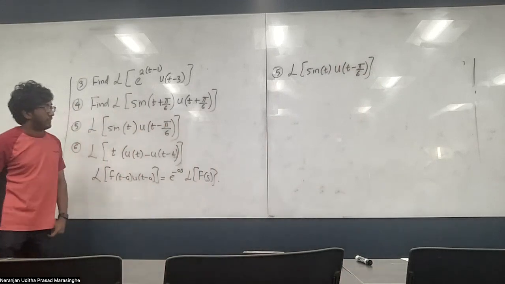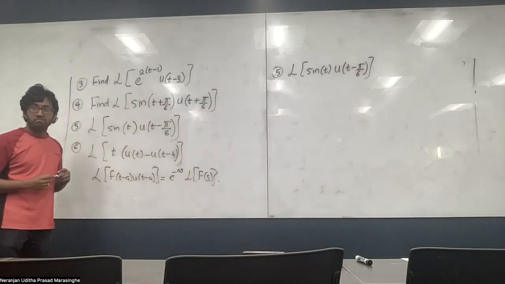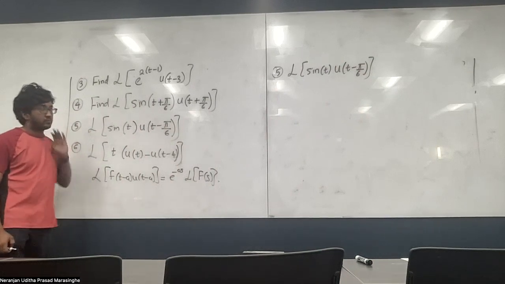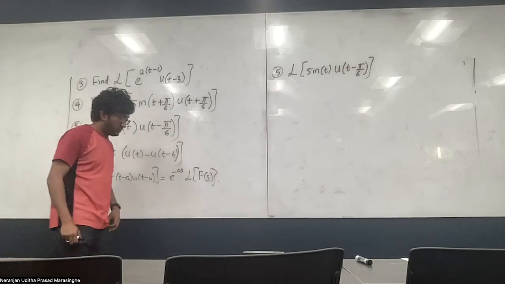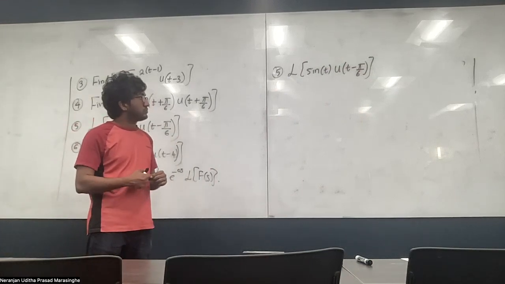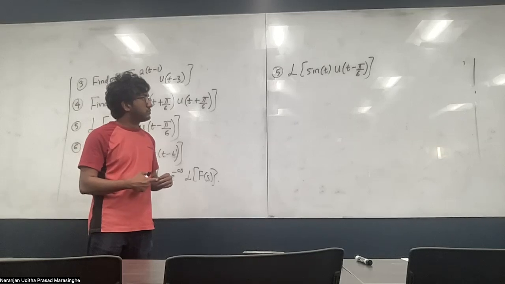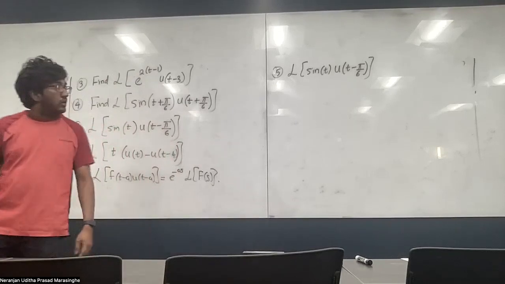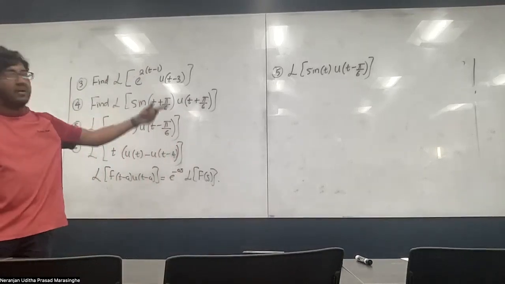How do you find this one? We have to make that t into t minus pi over 6.